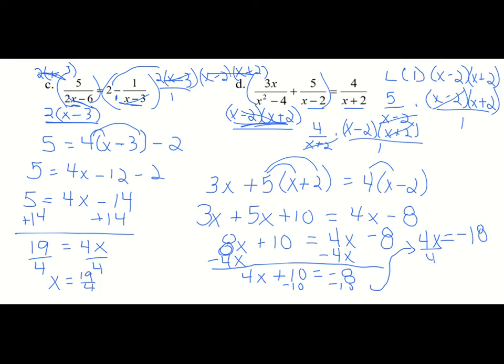Divide by 4, and x is going to equal negative 9 halves. And we're going to leave it in that form, fraction form. And again, I know that if I were to plug this into any of my 3 denominators at the top, it's not going to give me 0 because it's not a 2 or a negative 2. So it is a good solution. It doesn't make my denominator 0.